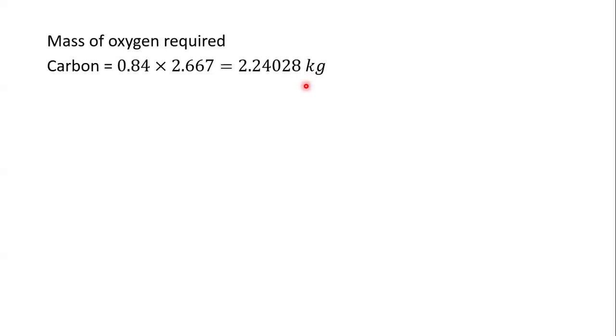So for carbon, we already established that you need 2.667 kg or 2 2/3 kg of oxygen to burn 1 kg. So that's the number you multiply by what is present. So 2.667 times 0.84, and you have 2.24028. You include hydrogen. Hydrogen is 0.16.